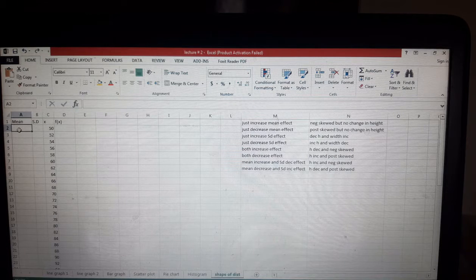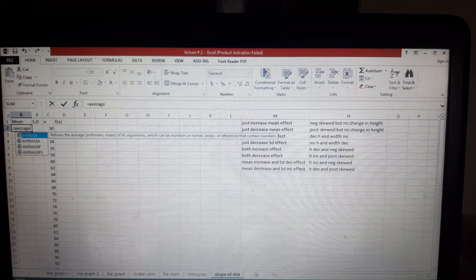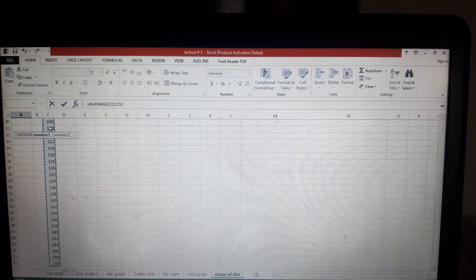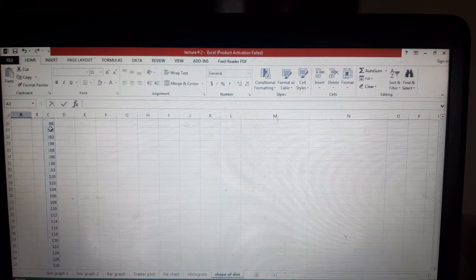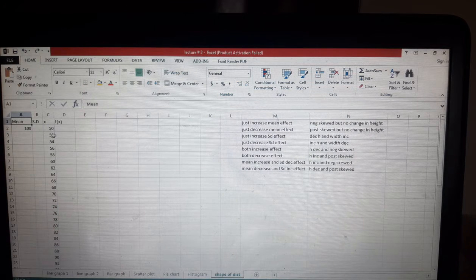First of all, we have to find the value of mean: equals average, select the data, press Ctrl Shift down arrow key, close parenthesis, hit enter. So 100 is the mean.